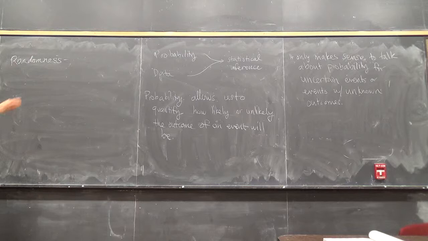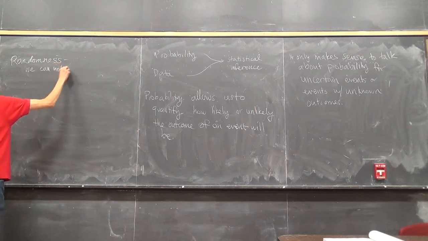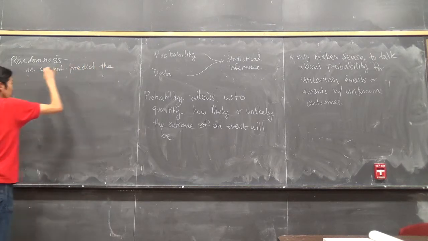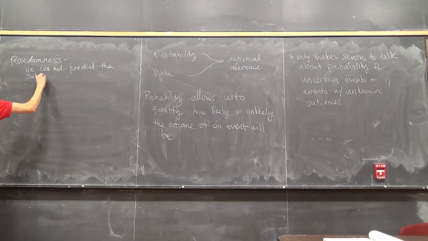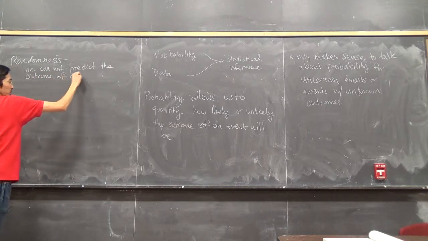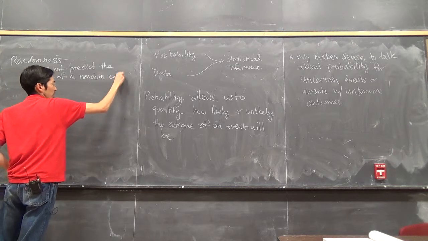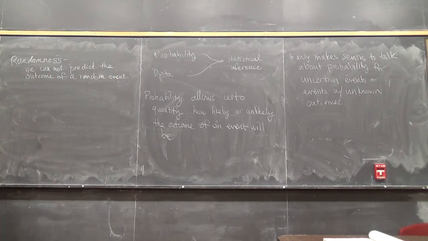So we cannot predict the outcome of a random event. But that does not mean we cannot understand it. Okay?